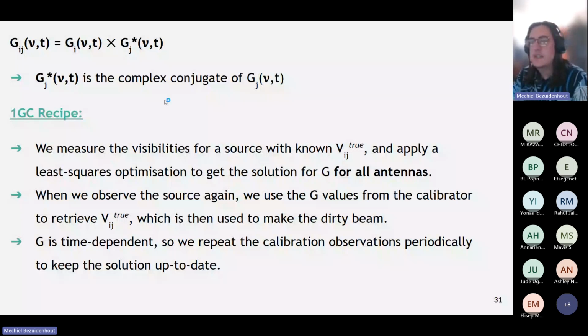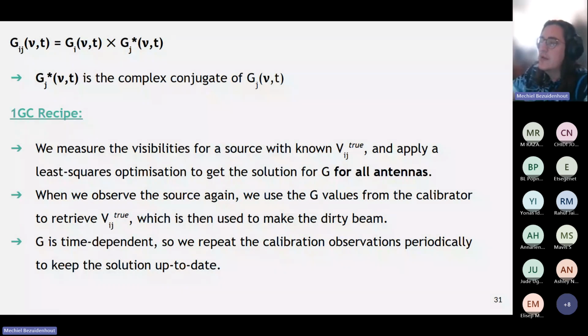And then the typical recipe for a 1GC calibration is that we measure the visibilities for a source with known true visibilities, and then we apply a least squares optimization to get the solution for the G value for all antennas.